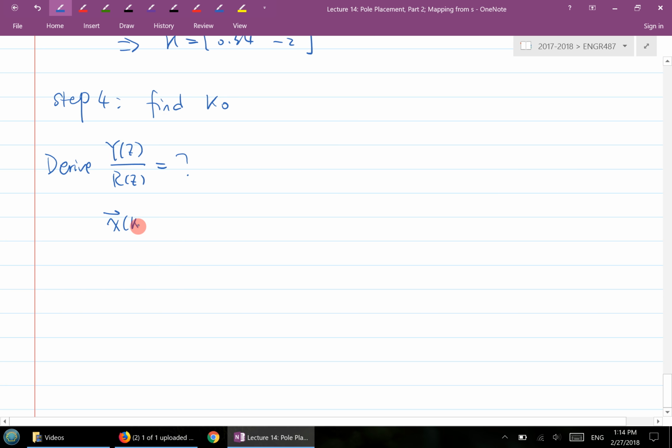Here's your x of k plus 1. After you plug in the feedback U, we get (G minus HK) x of k, and then plus H K naught r of k. That's after plugging it in.